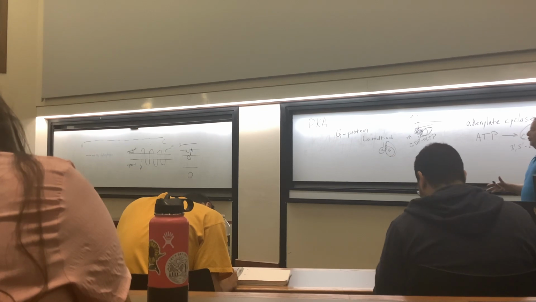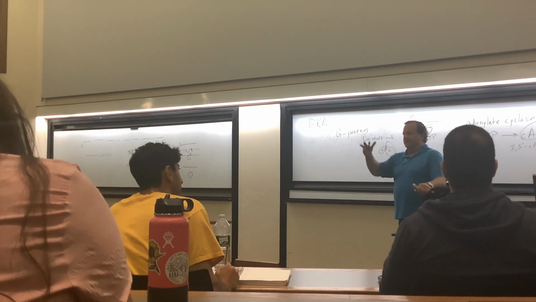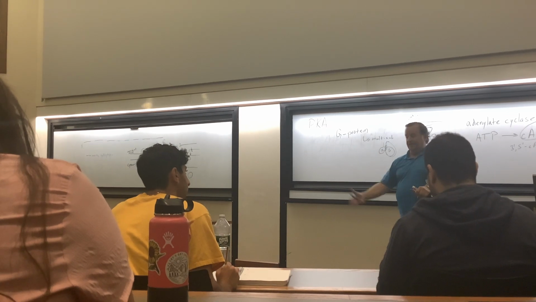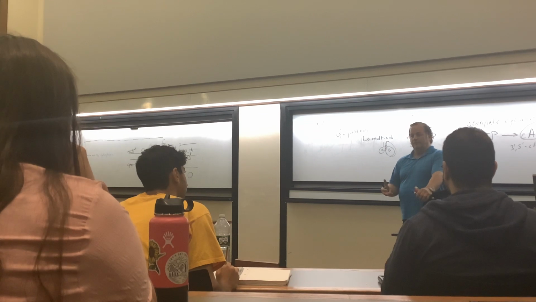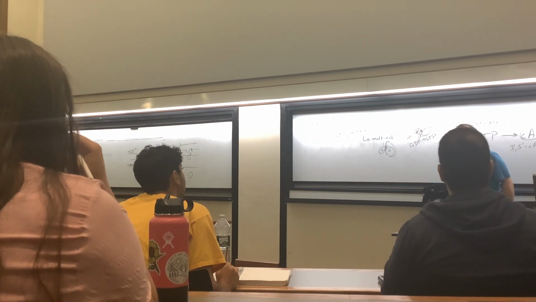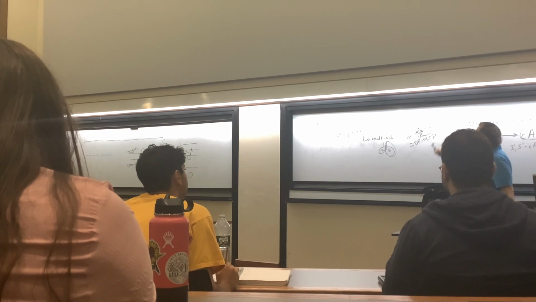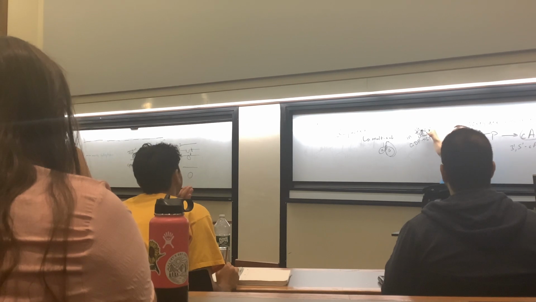So let's recap the whole process. A hormone is released, that hormone circulates, binds to a receptor on the surface of a cell, that causes this G protein coupled receptor to be activated. By the way, that's what this is called. This is a G protein coupled receptor.